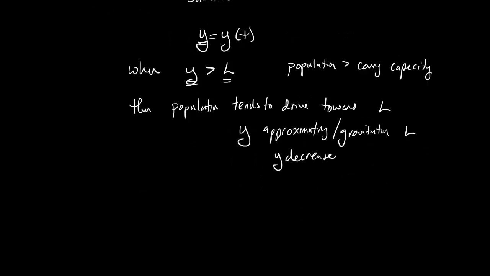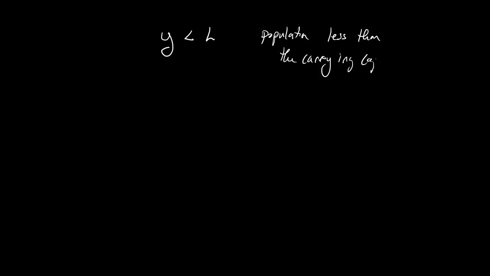But let's think of the alternative, and that is when y is less than the carrying capacity. Take a second and think to yourself: what's going to happen if the current population is less than the carrying capacity, what that natural equilibrium is supposed to be?